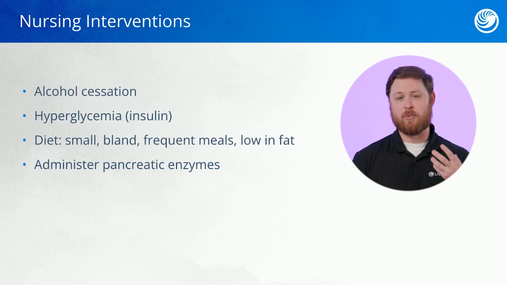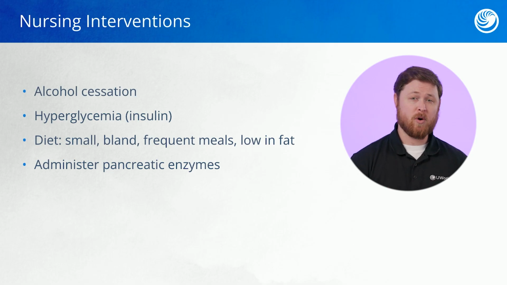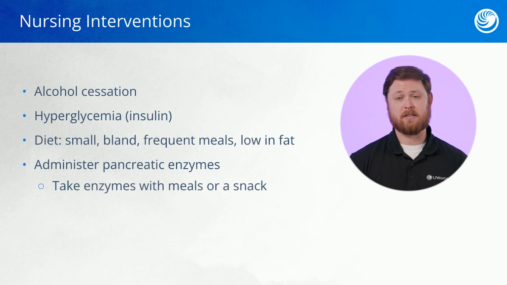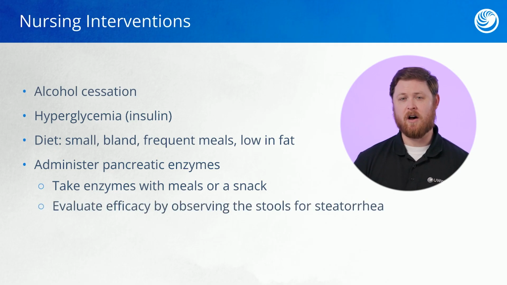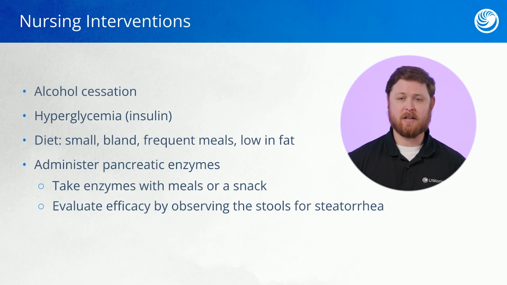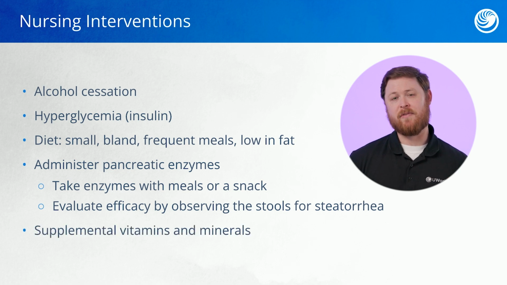This is going to help break down any of the fats that they do ingest, and they want to make sure that they take these pancreatic enzymes with a meal or with snacks. We're going to observe for the efficacy of these medications by observing for that steatorrhea and seeing if it's still present. Lastly, because of the dietary issues these patients face, we want to give supplemental vitamins and minerals to prevent any deficiencies.